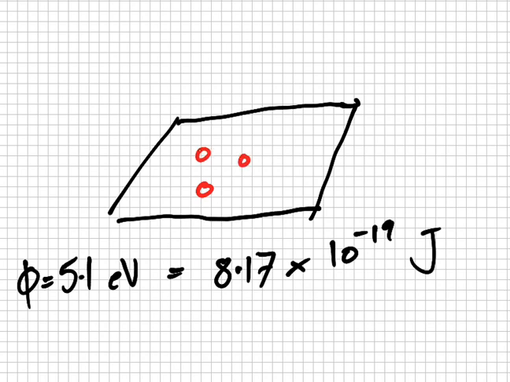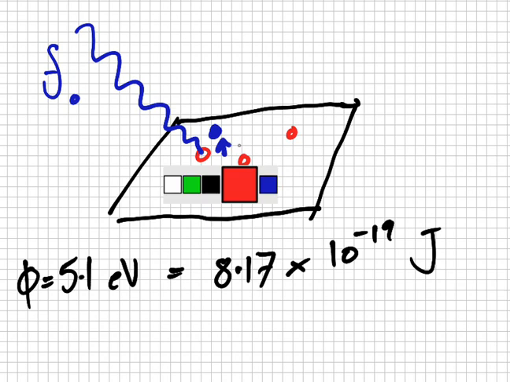So here are my electrons. And what I would like to know is, what is the minimum frequency I need so that I will just about free an electron, but it doesn't really move. It's just freed off the surface, but it's not moving.